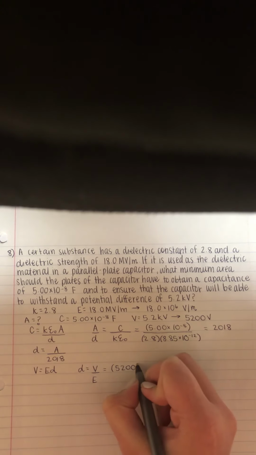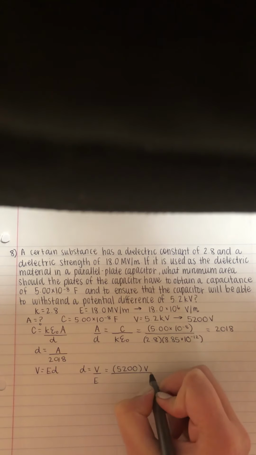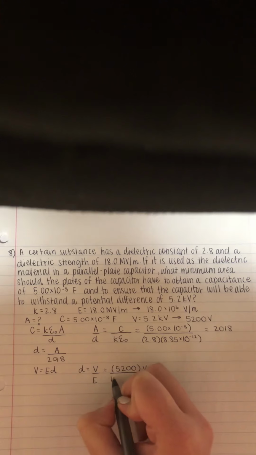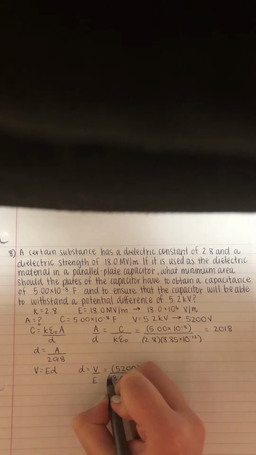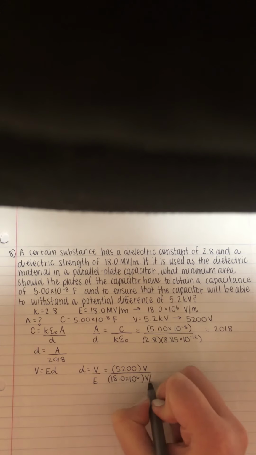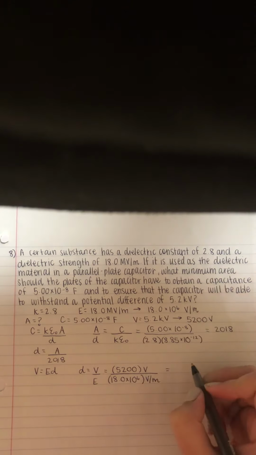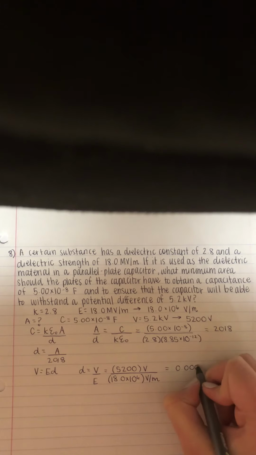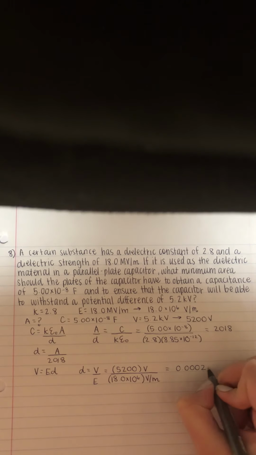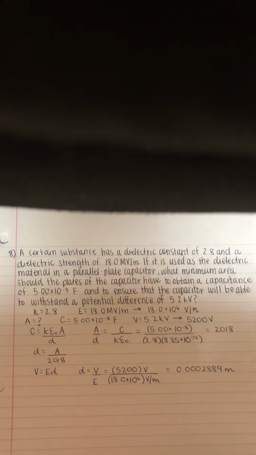And now just plugging in V and E, we have 5,200 volts divided by 18 times 10 to the 6th volts per meter, which gives us a D value of 0.00028889 meters.